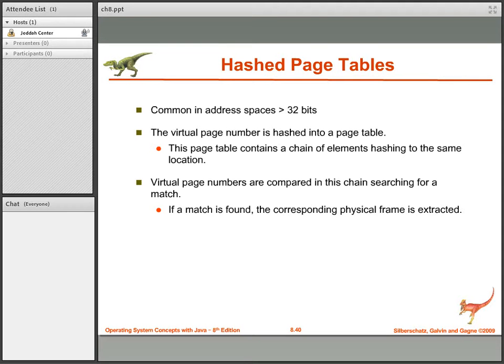So you have a chain of elements, not just a single element, that hash to the same location in the memory. Virtual page numbers are compared in this chain, searching for a match. If a match is found, the corresponding physical frame is extracted.